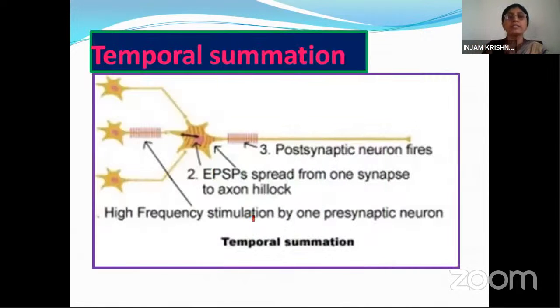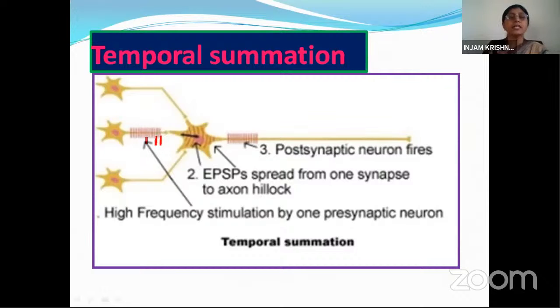This is summed up. So this is called spatial summation. Now the second one is temporal summation. Here there is only one neuron, only one connection. But here what will happen? Consecutively, one after another, the stimulation spreads from one synapse to the axon hillock.